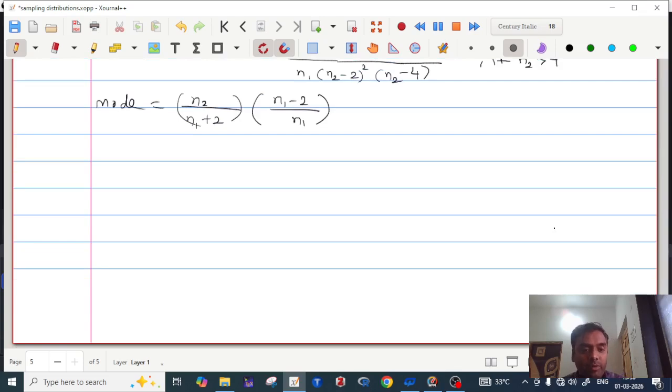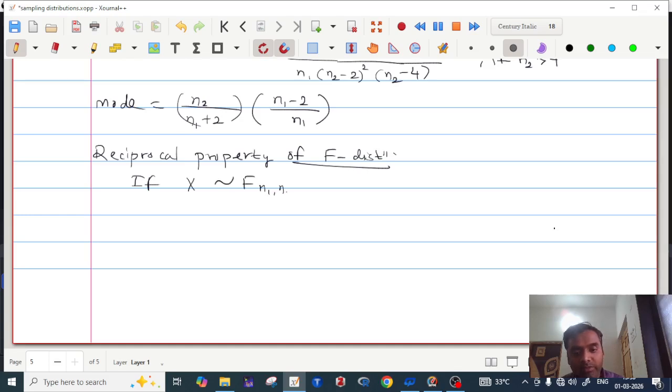Next is the reciprocal property of the F distribution. This property is: if X follows F distribution with n1 comma n2, then 1 upon X follows F with n2 comma n1.